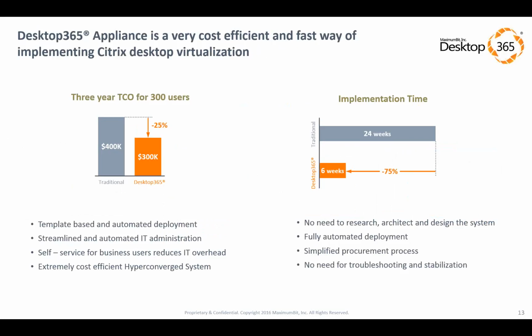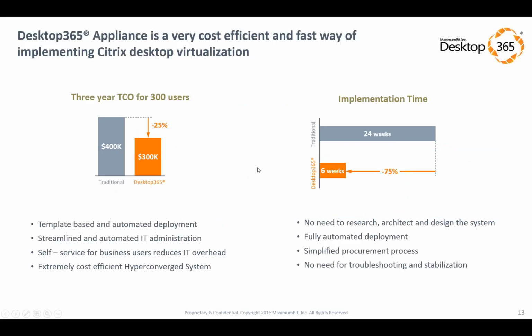A lot of it is linked to savings on labor, but some of it is also linked to optimal use of software licensing, as well as the very cost-efficient hyper-converged infrastructure. So I can pretty much say that if you compare apples to apples, you will be extremely competitive against any other offering on the market from the cost perspective.